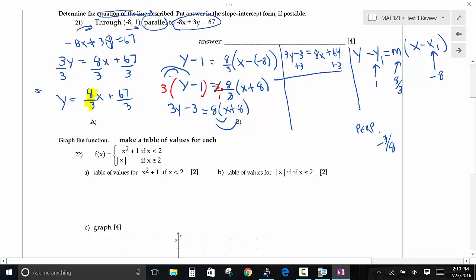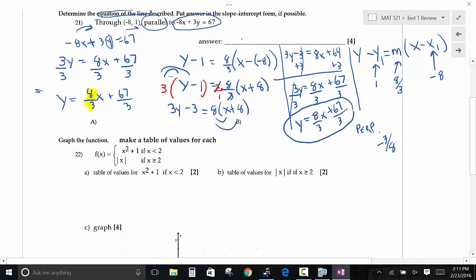Like this. That's going to give 3y equals 8x plus 67. Okay, then you divide by 3, and then you'll be done with the problem. Just make sure the fractions are reduced. So you're going to have y equals 8/3 x plus 67 over 3, like that.